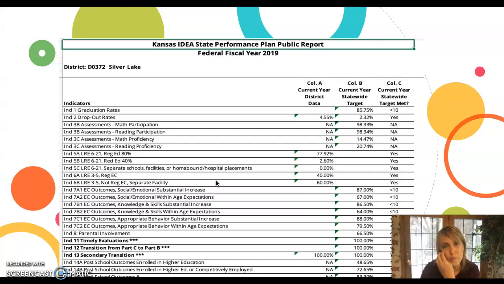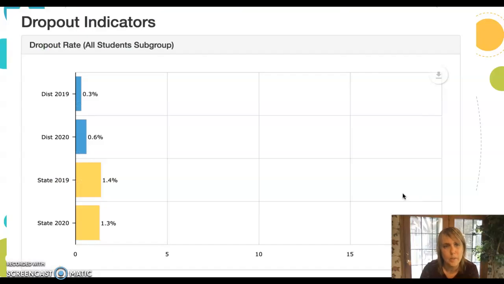The KSDE website also has tons of information. All this different information about graduation rates, participation, school outcomes, higher education. One thing I thought was interesting, and we are a very small district. We have about 730 students in our whole district. But when I look at the dropout rates in 2019, it was 0.3%. 2020, it was 0.6%.